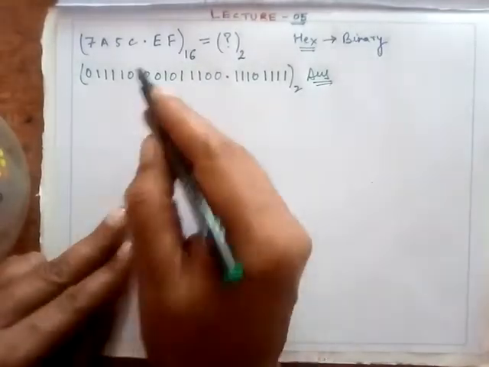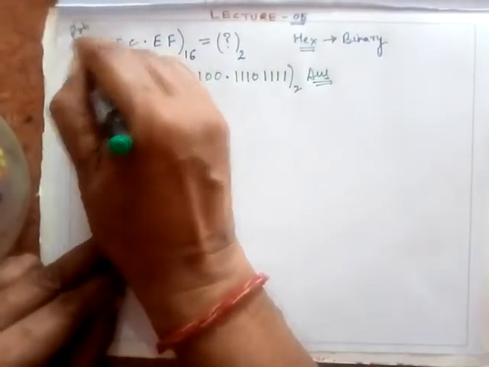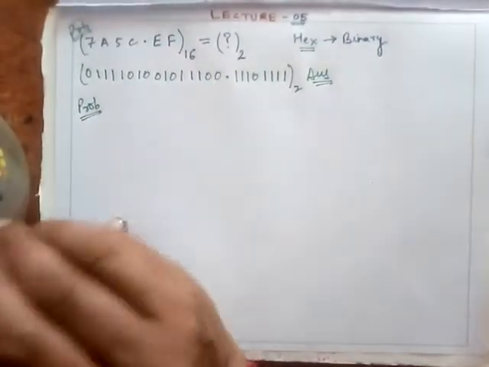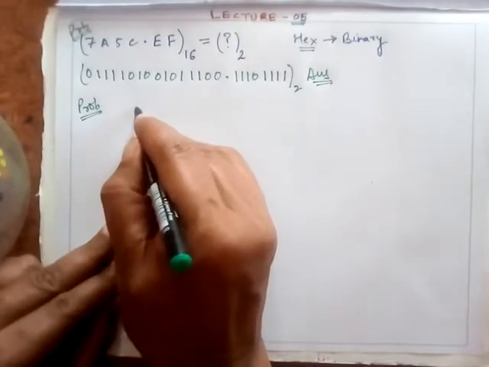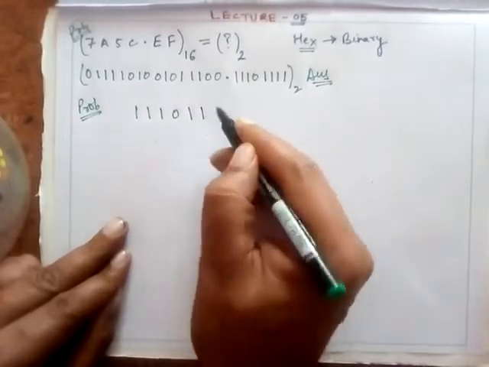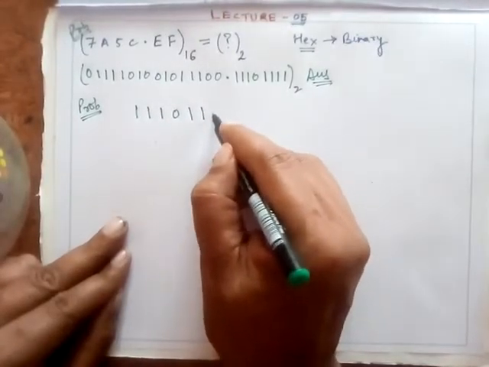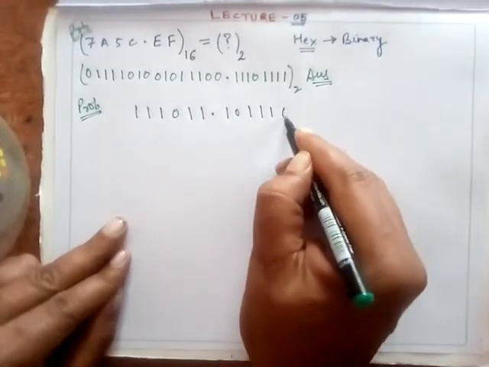Now suppose I say that I have a binary number. Let's take another problem. This is the first problem. Let's take another problem where I have a binary number and I want to convert it into hexadecimal. Suppose I have a number 111011.101110.